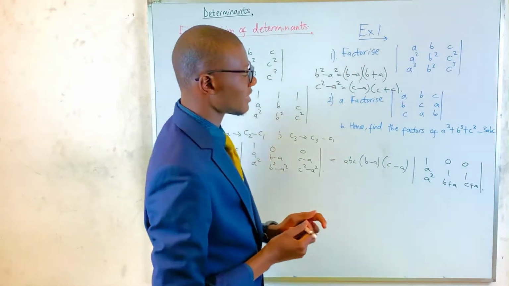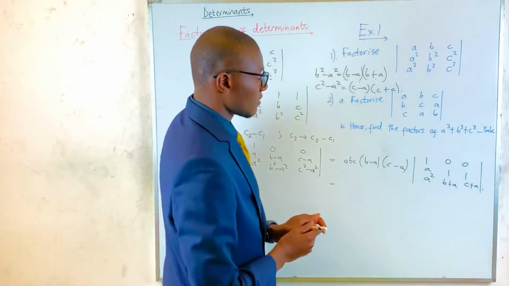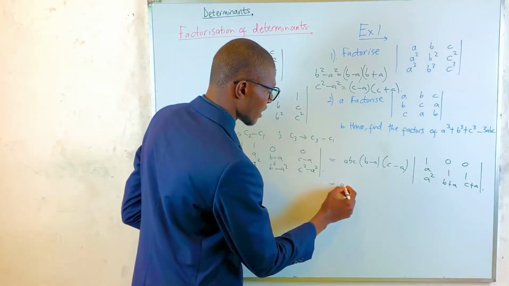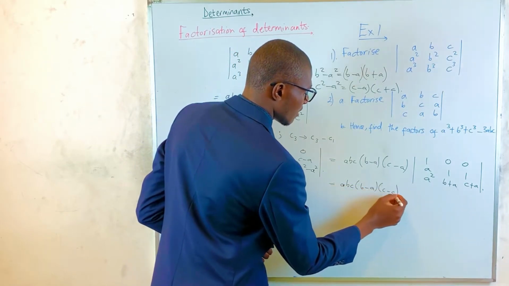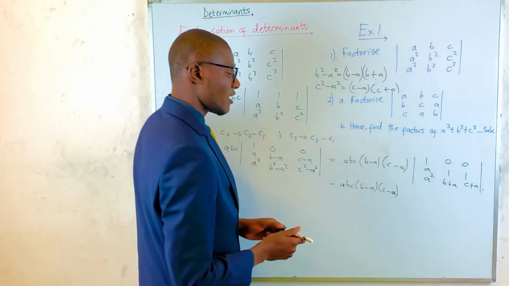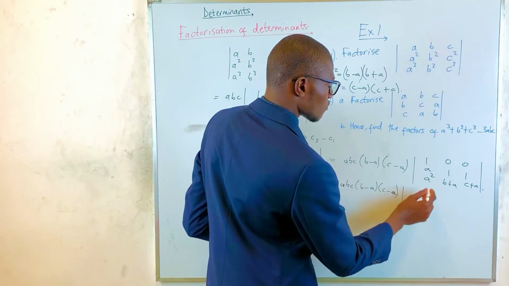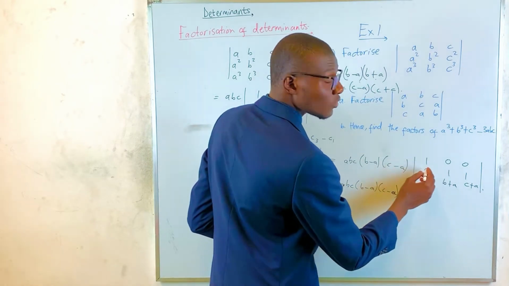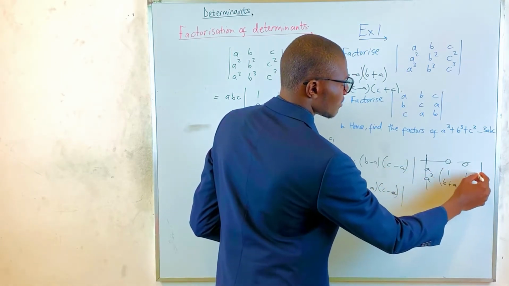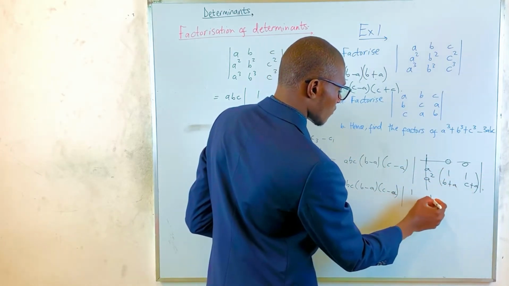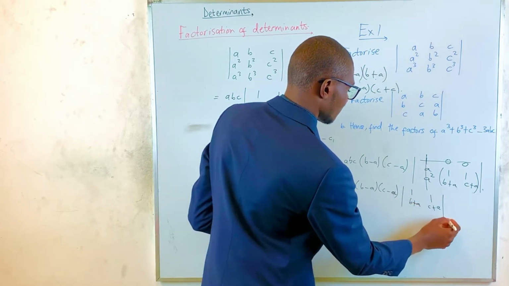So we're now simplifying the determinant. Since these are zeros, this is now a, b, c times b minus a, c minus a, then the determinant of the remaining 2 by 2: 1, 1, b plus a, c plus a.